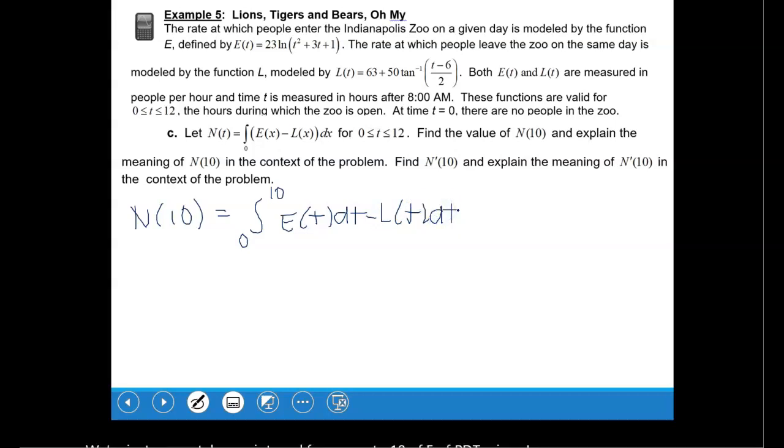I can do that all in one integral, so it's going to be y1 minus y2.